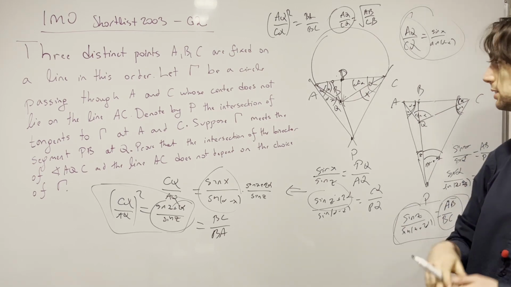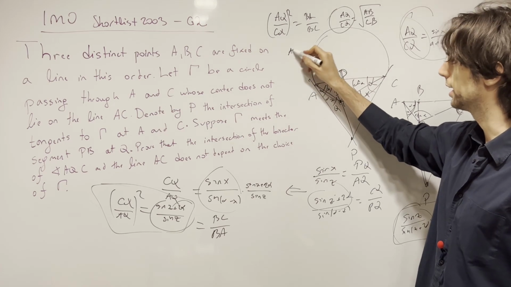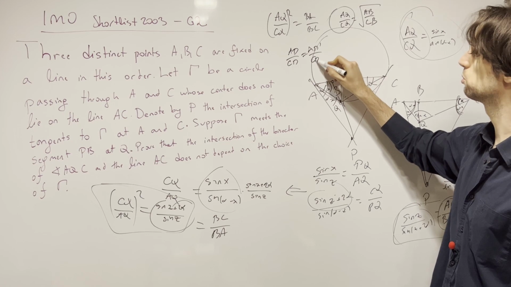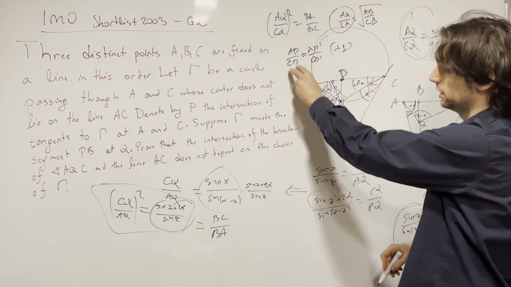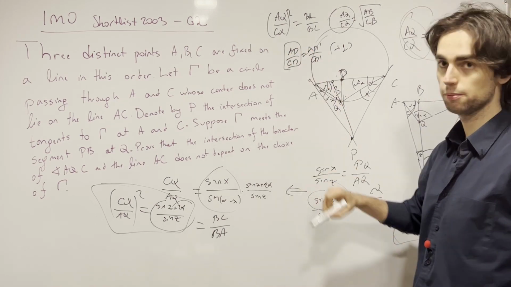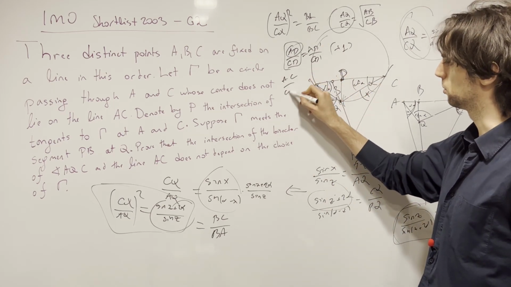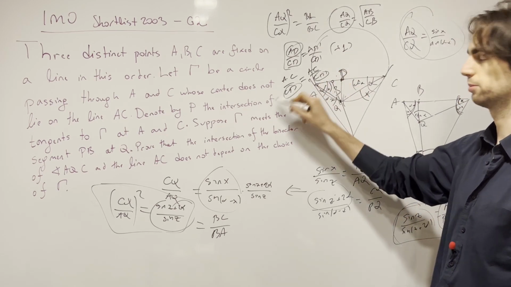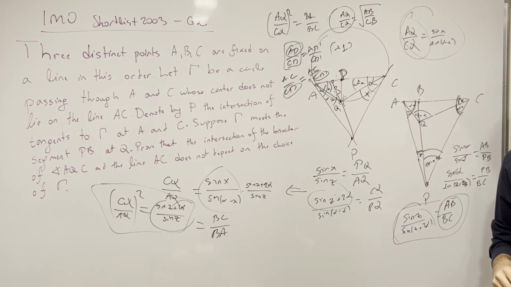So for two different Ds on this segment, you can actually prove that if AD over CD is AD prime over CD prime, then when you add 1 on both sides, this is just a technique at this point, you'll get CD plus AD over CD, which is AC over CD, equal to AC over CD prime. In other words, CD prime is CD, right? If both points are here, and this finishes up our problem.